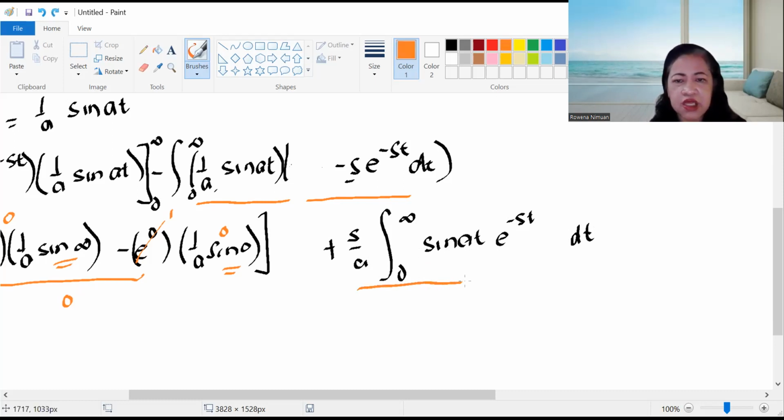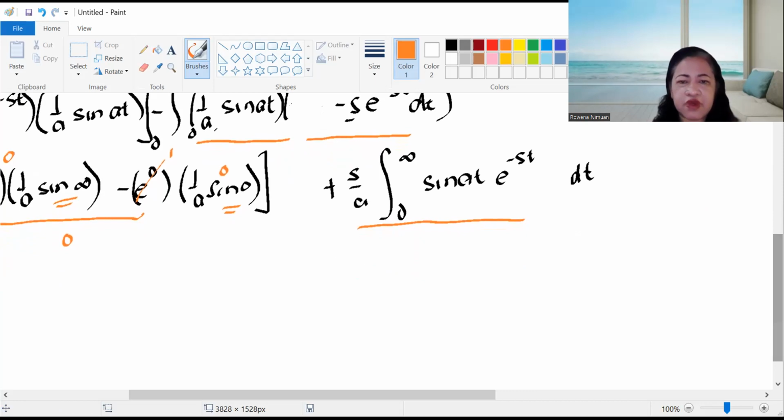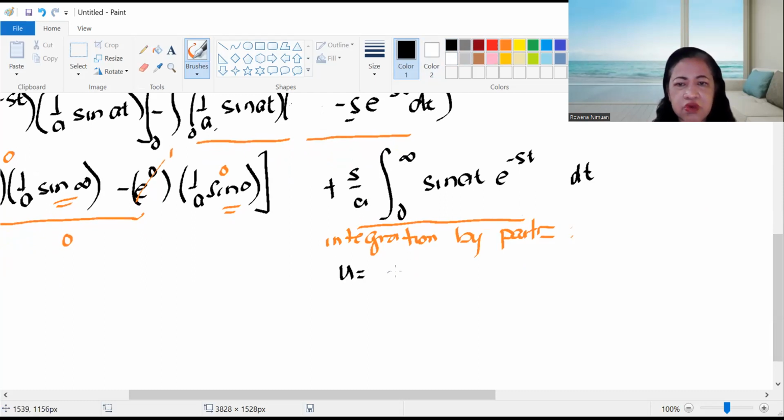this involves another requirement for you to have the integration by parts. So if we make use of the integration by parts, to choose which is your u, e to the negative st, and I have now du as negative s e to the negative st dt.